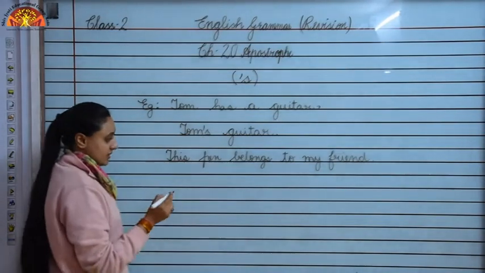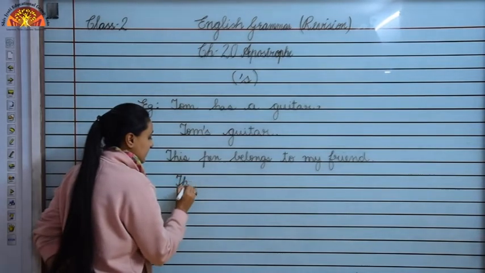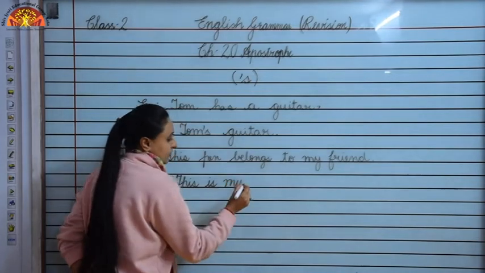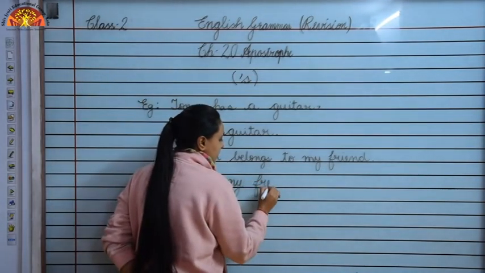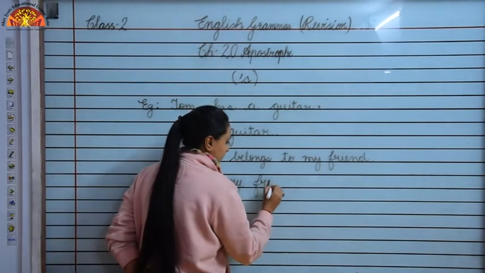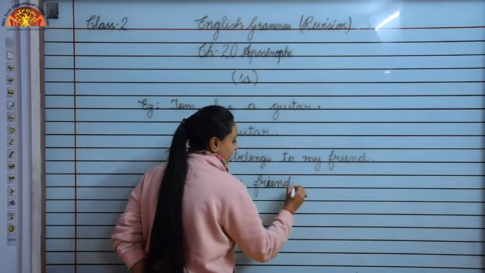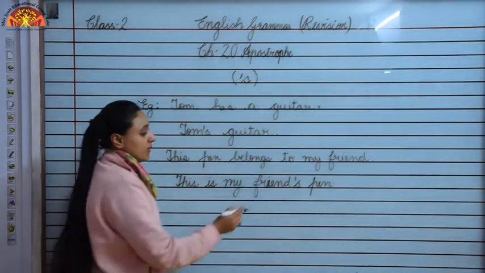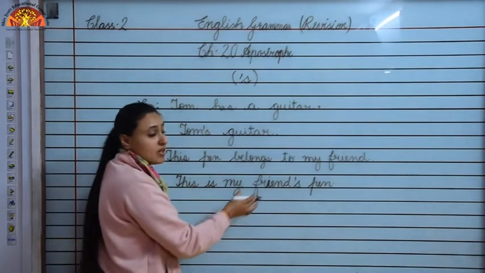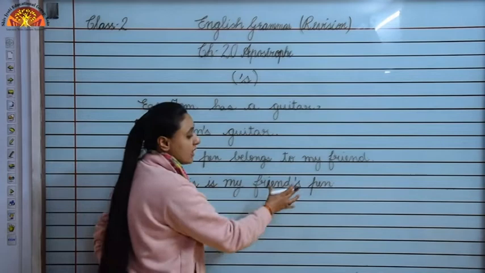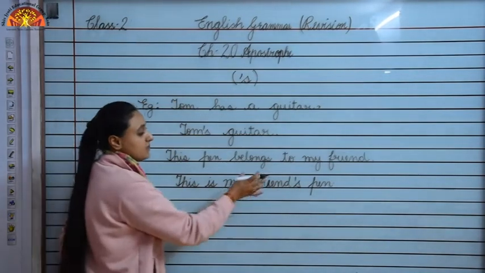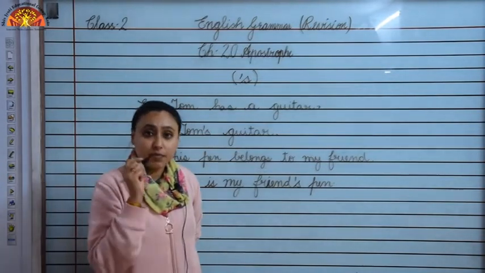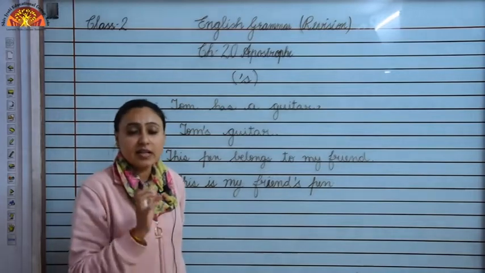We can write the sentence as: this is my friend's pen. So children, here we have added apostrophe s to friend to show to whom the pen belongs. This is my friend's pen. So children, what we have learned is that we use apostrophe s to show belongingness to a person.